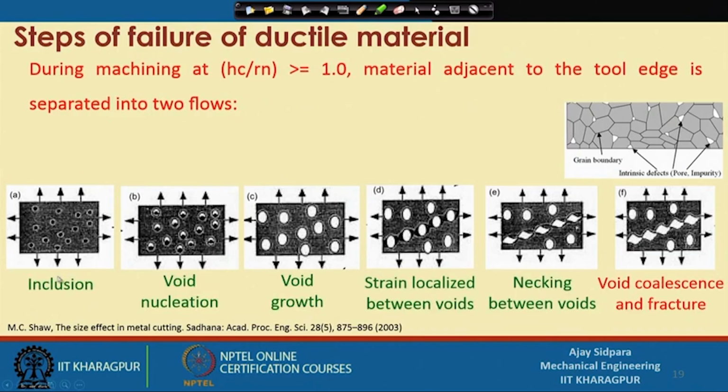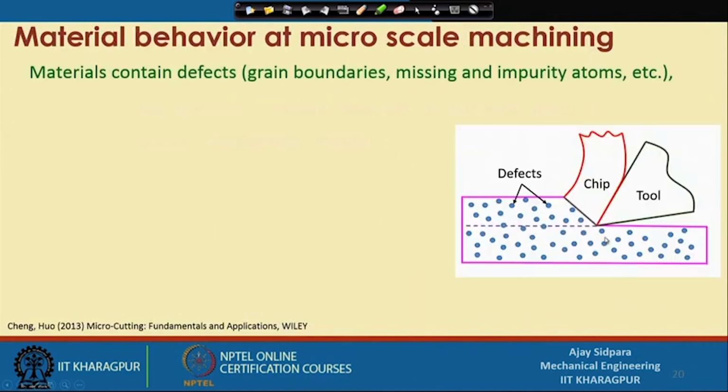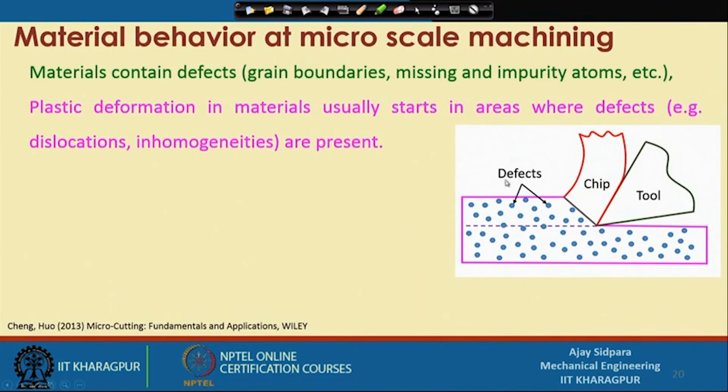And these are the different stages through which the material gets fractured, starting from the inclusion, and then it will pass through these different steps. Then we have seen the effect of the presence of these defects during material removal, and we have found that if the defect levels are very high, you can easily remove the material.